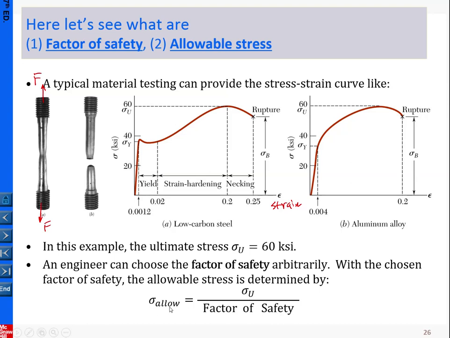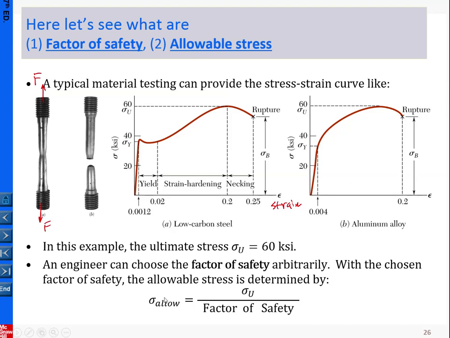In that situation, the allowable stress will be 60 divided by 1, equal to 60. So under the three scenarios, the allowable stress is 6 compared to 12 compared to 60. The 60 has a very narrow safety margin compared to 6, which corresponds to a factor of safety of 10, where the safety margin is quite big. So that is the definition of the factor of safety and its relation to allowable stress.